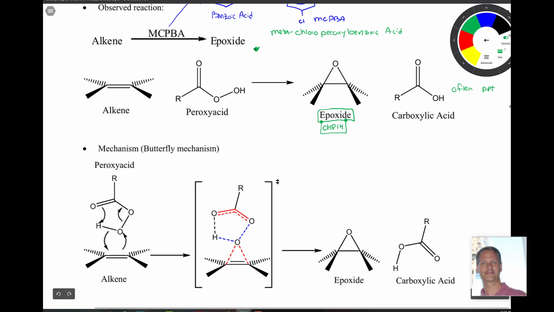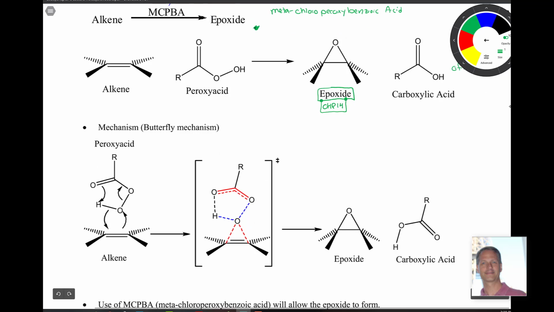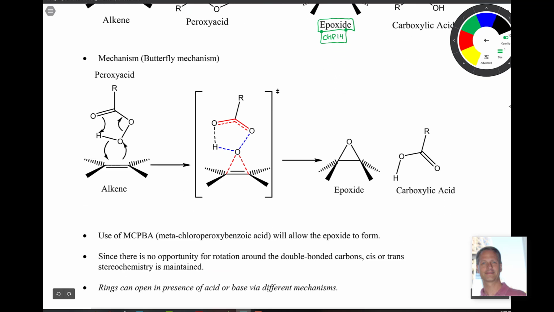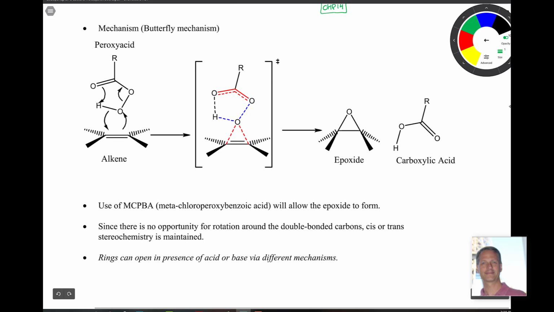Here's the good news for you. That's the reaction that you need to know. The mechanism is not something I'm going to require you to learn, but I have it written down here for you. It's called the butterfly mechanism, primarily because the intermediate, looking at it the right way, kind of looks like a butterfly, I guess.